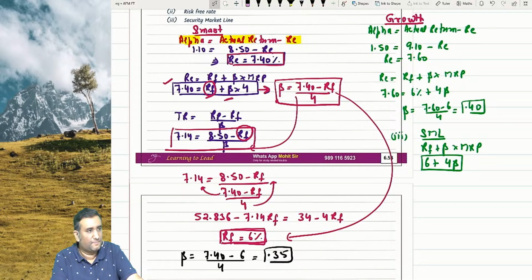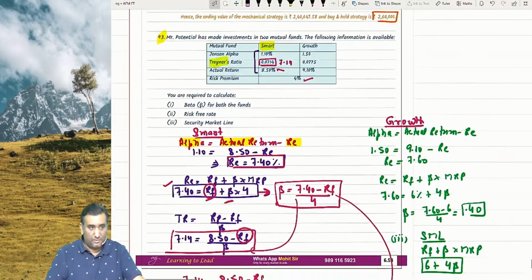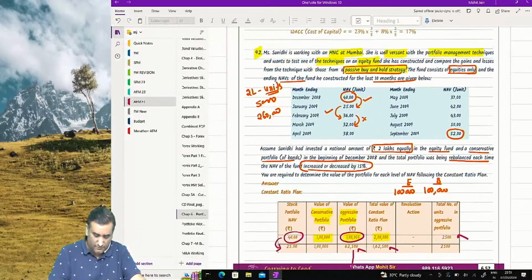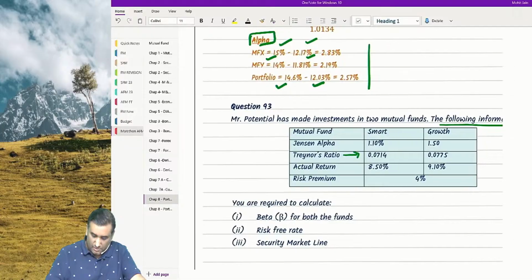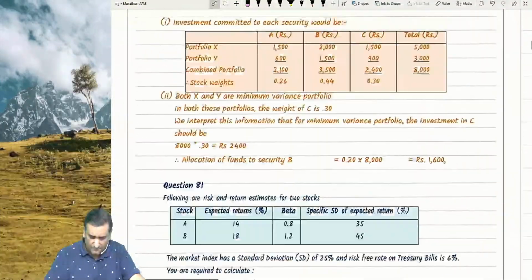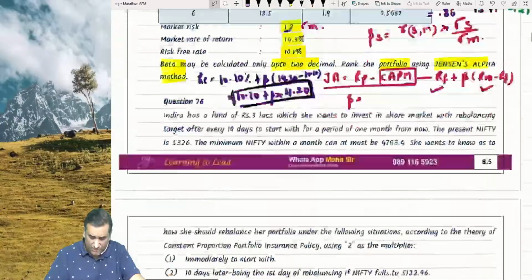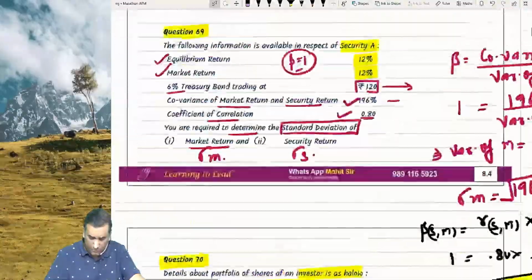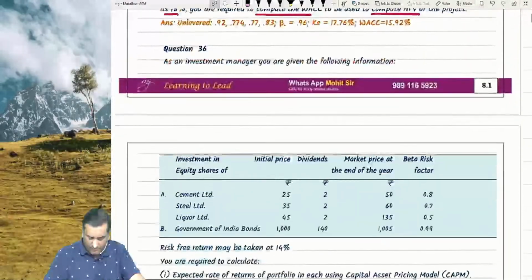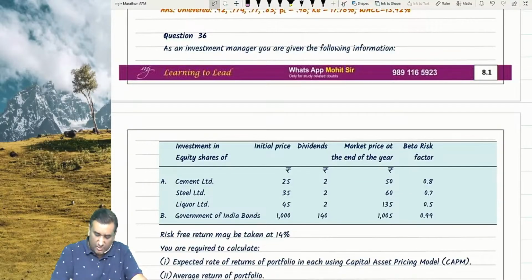Done. Small exercise, 90. This 36 is a commonly repeated question.